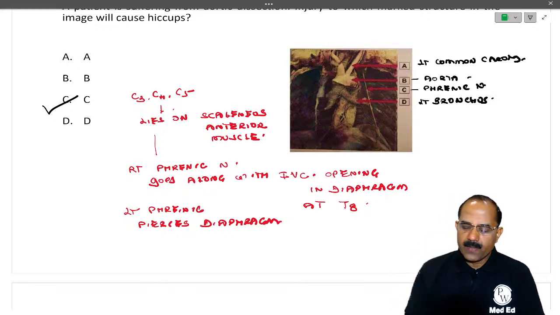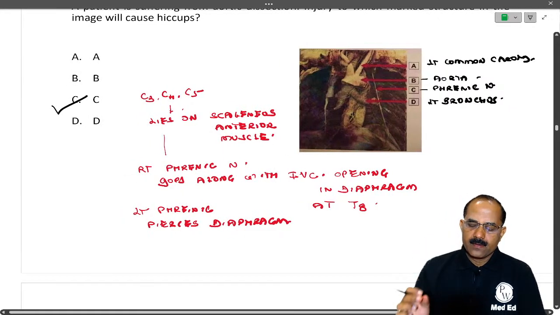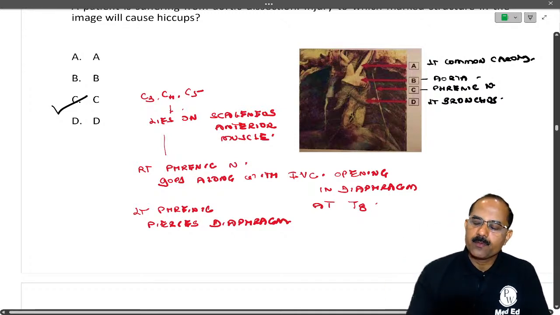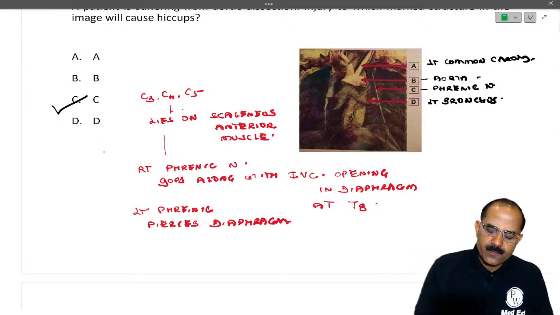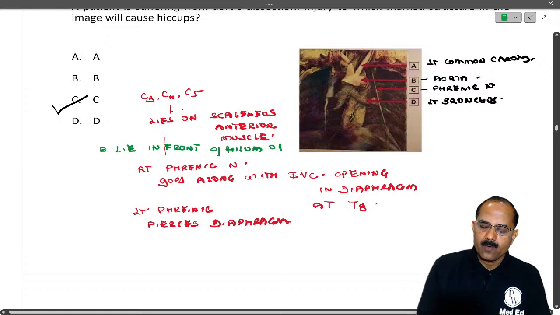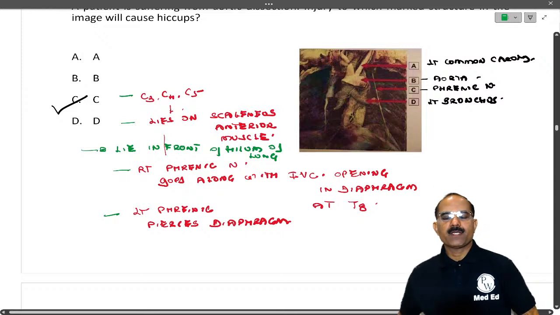एक और MCQ है. Both the phrenic nerves lie in front of the hilum of the lung. ये MCQ आता है. तो ये कुछ पॉइंट्स है फ्रेनिक नर्व के बारे में.